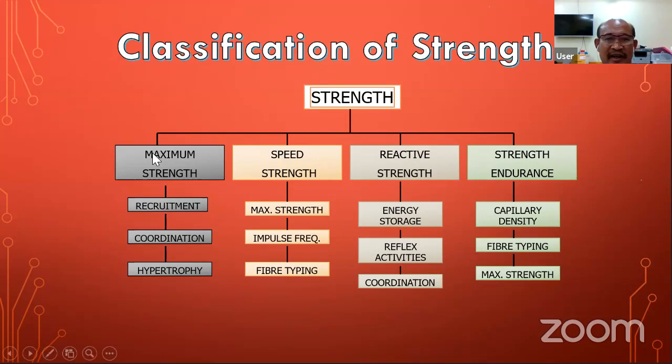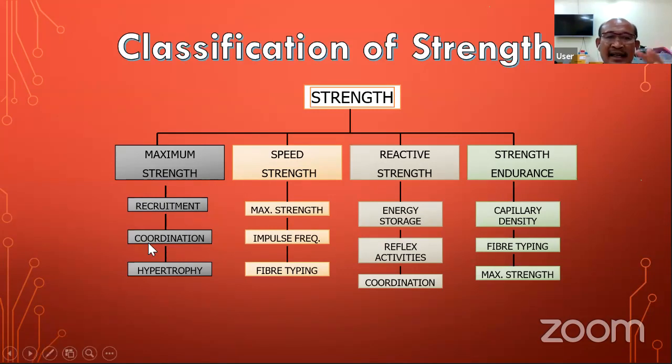First one, maximum strength. Why do we do maximum strength? Because we want to increase recruitment of the neuromuscular system, how many neuromuscular units work together at the same time in one movement in strength training.